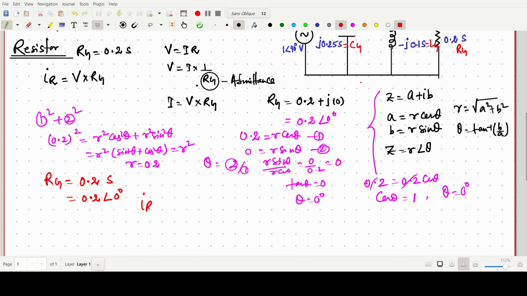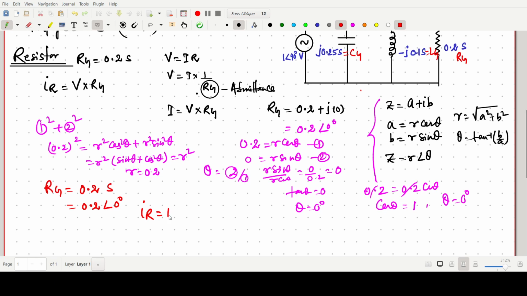So the IR value is equal to V. V is given as 1 angle 90 degree. Okay, so write it into RG. RG value is now 0.2 angle 0 degree. So these two will be multiplied and the angle part will be added, 90 degree plus 0 degree.